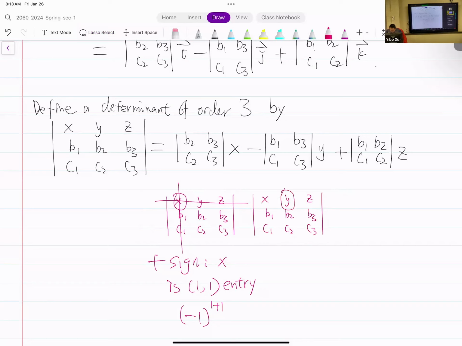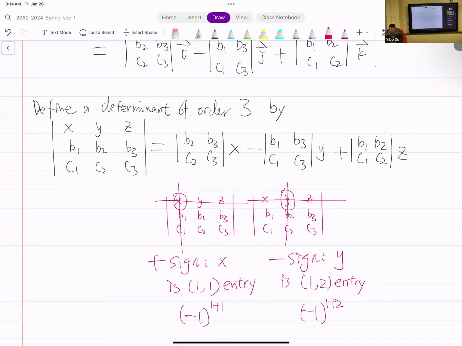We choose y, and then we eliminate the first row, second column, and now we have B1, B3, C1, C3 in the order 2, right? But how do we determine the negative sign? That's the same story. We notice that y is the 1,2 entry, first row, second column. And now if we look at -1 to the 1 plus 2, that's exactly a negative one.